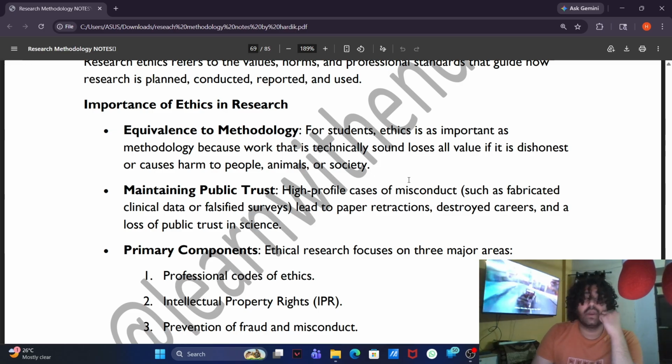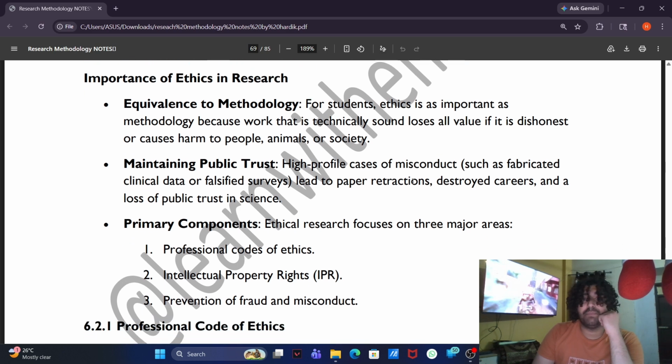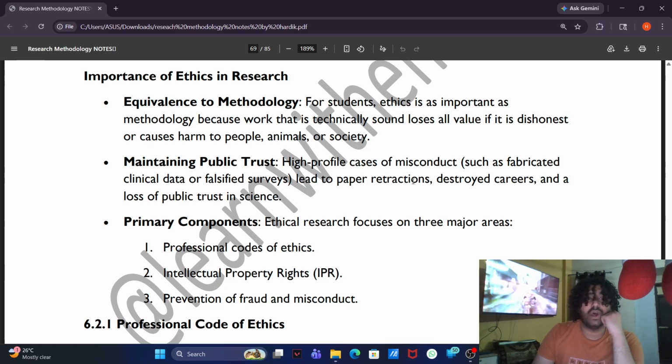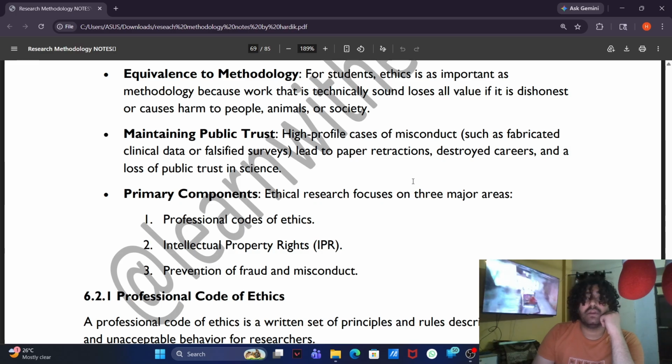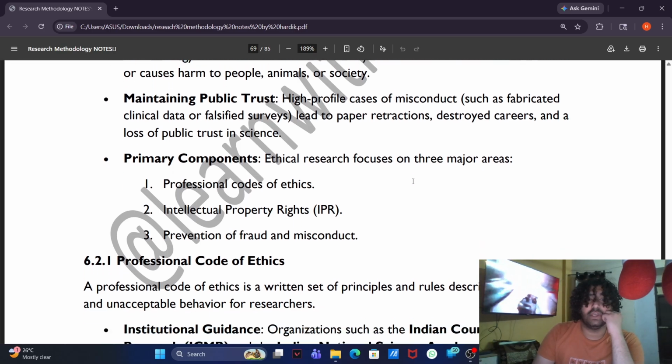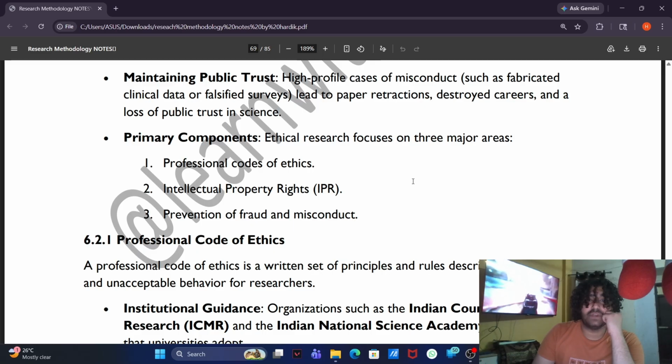Maintaining public trust. High profile cases of misconduct, such as fabricated clinical data or falsified surveys, lead to paper retractions, destroyed careers, and loss of public trust in science. Primary components. Ethical research focuses on three major areas: professional codes of ethics, intellectual property rights (IPR), and prevention of fraud and misconduct.